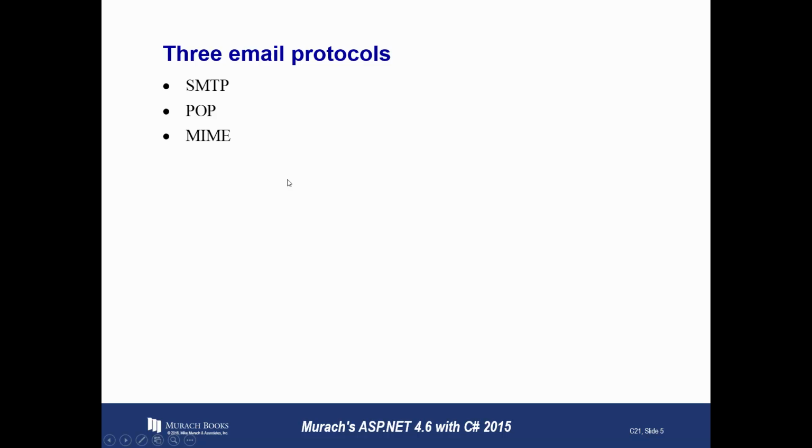Now, and this is an important point mentioned at the top of page 758, out of the box, an ASP.NET app won't be able to send email. It doesn't matter whether you're using IIS Express or the full-blown version of IIS to host applications.